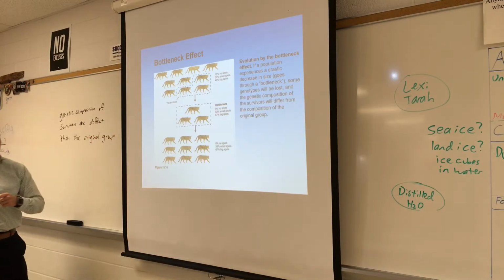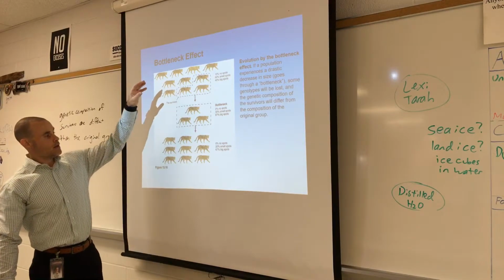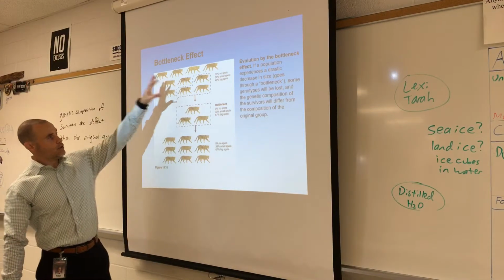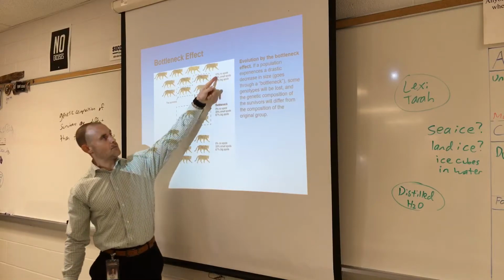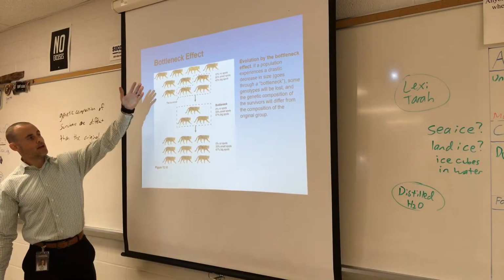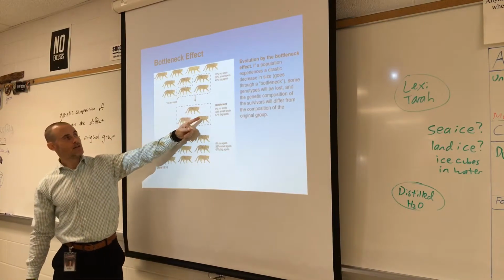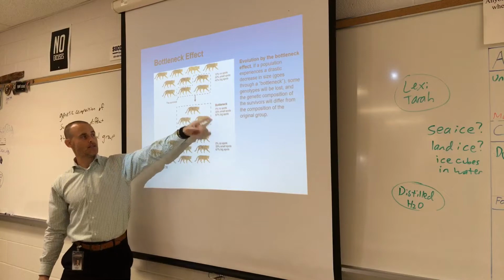And again, a lot of these pictures are in your book, but I can just read it to you. It shows you here, up here you got 10% no spots, 50% small, 40% big. The bottleneck happened, 0% no spots, 33% small, 67% big.